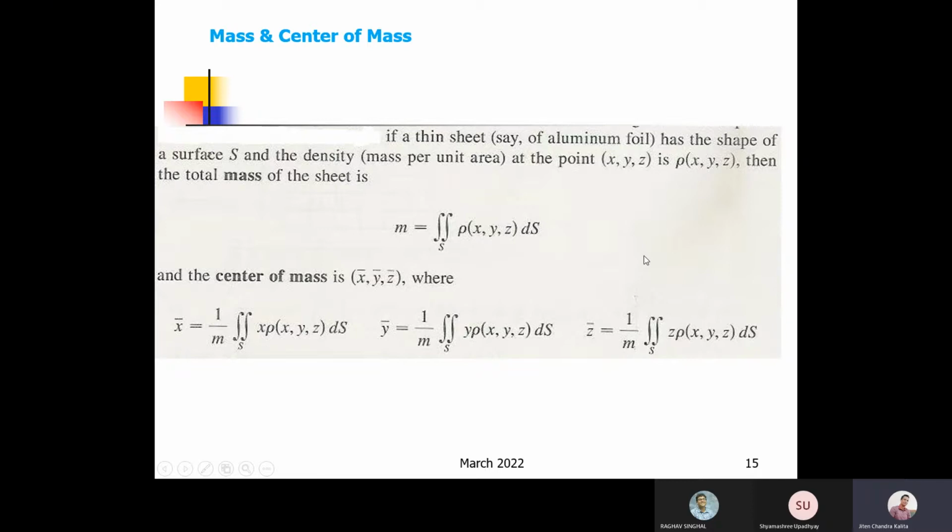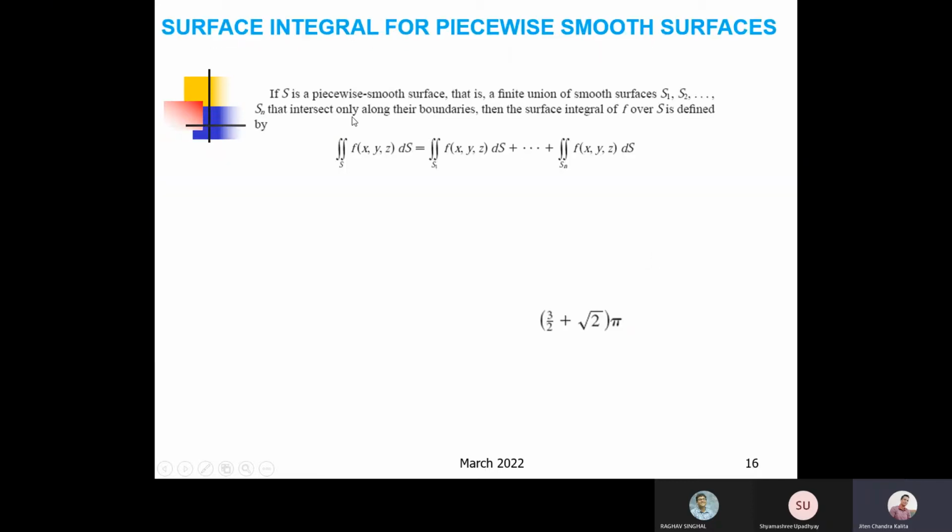Okay. So now I would like to reach this one: surface integral for piecewise smooth surfaces. If you have a surface, it is not necessarily smooth all around.